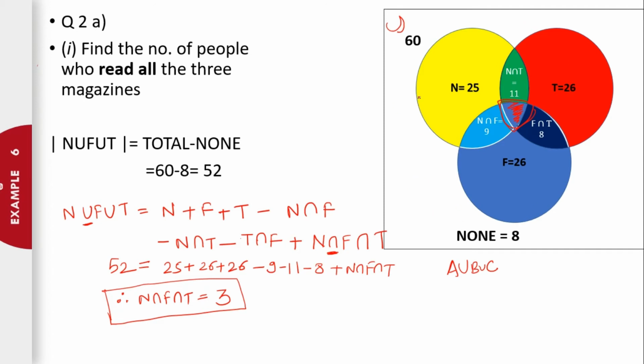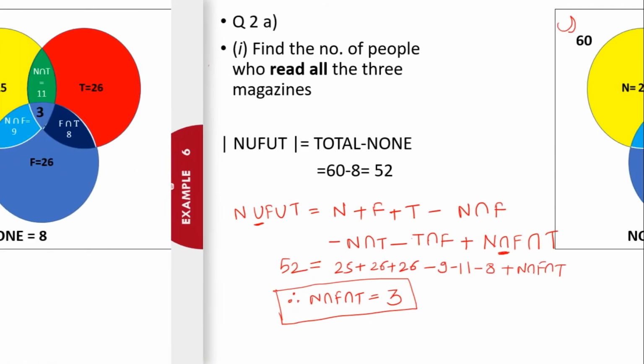So the whole universal set minus the none portion will become our N union F union T. That will be 52 people who are reading either Newsweek, Time, or Fortune magazine, or all. So just keep these values in this equation. We will get the value for this. That will be, there are 3 people who are reading Newsweek, Fortune and Time magazine.